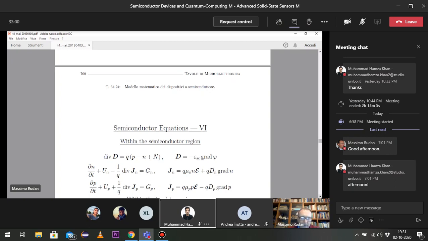In the first line, you can see the Poisson equation split into two blocks. The one on the left is divergence of D equal to rho, that is one of the Maxwell equations, in which the charge density rho is Q times p minus small n plus capital N. And on the right, we see the relation for the electric displacement, that is D equal to minus the permittivity of the semiconductor times the gradient of the electric potential.